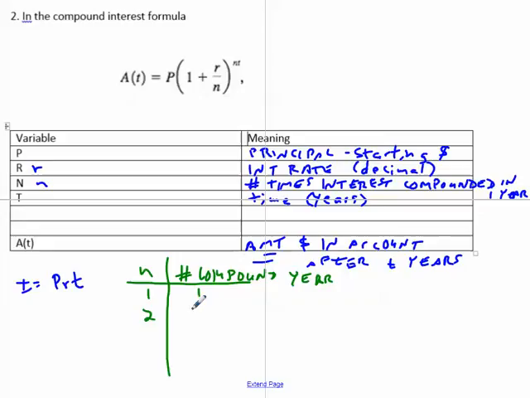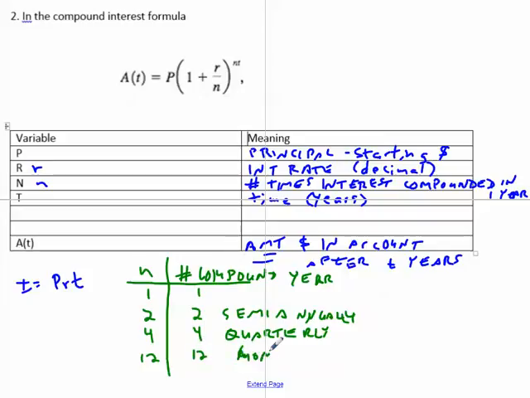If n is 2, we compound twice, and that would be called semi-annually, or twice a year. If n is 4, we'd compound 4 times, so that would be called quarterly. If n is 12, that would be number of times, 12 in a year, and that would be monthly. We're compounding monthly.